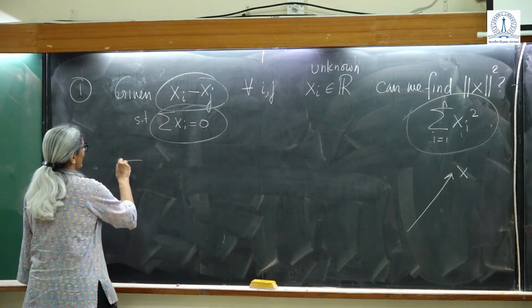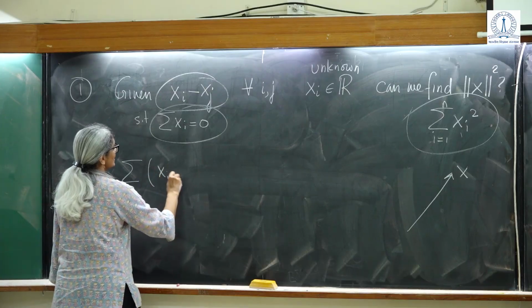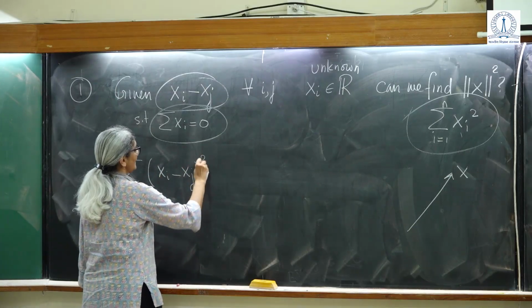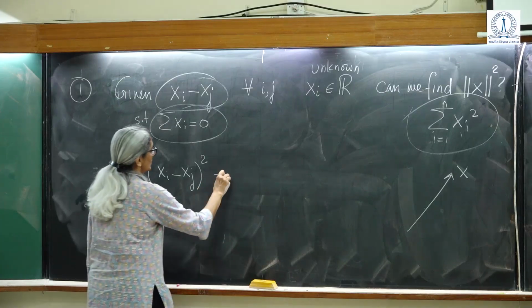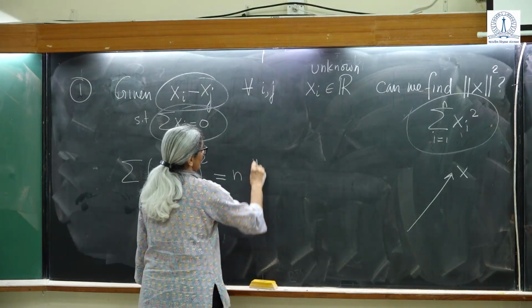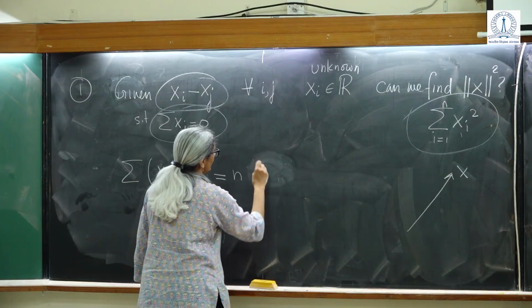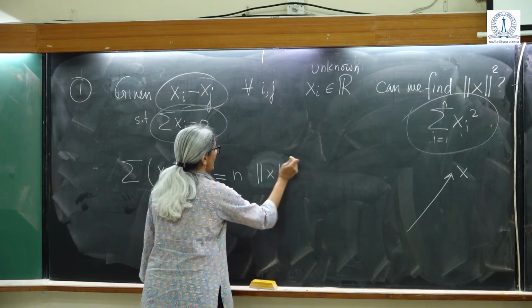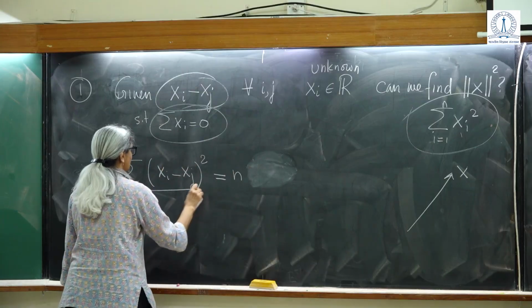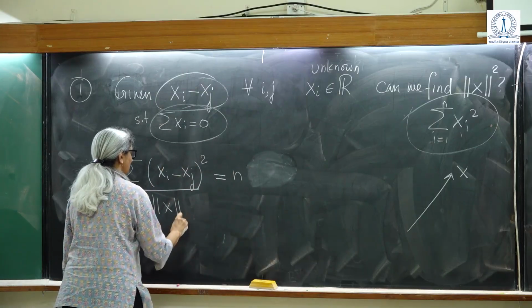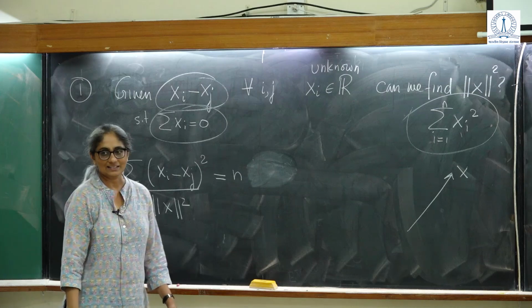So let's try. If I claim this is the case, that the sum of (xi minus xj) squared is equal to n times the norm of x squared.